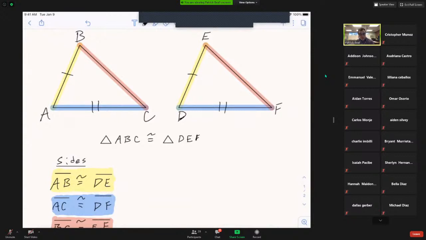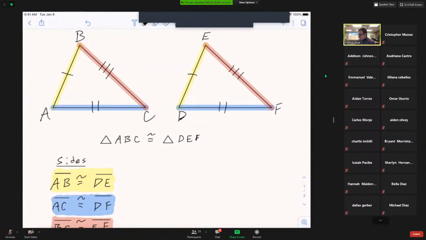And on the red sides, I'm going to put three lines to show that those sides are congruent. 1, 2, 3. Again, those lines are there to show that the sides are congruent. That's how we show that the sides are congruent.